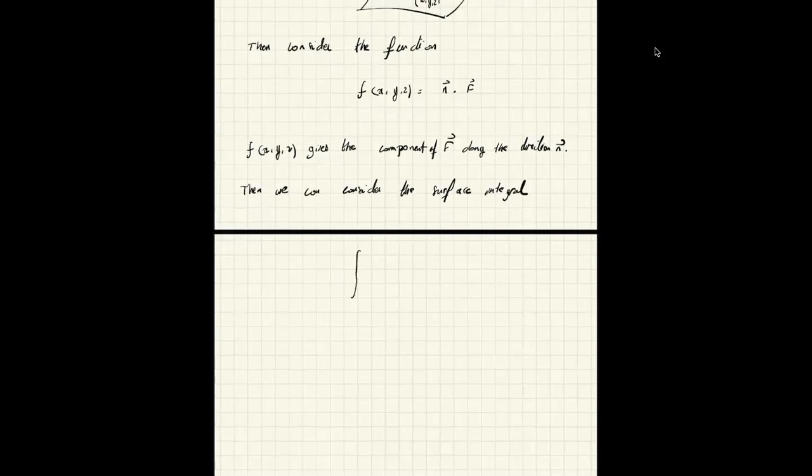It's the integral over the surface S of the function f ds. Now I can write this as the integral over S of f times n. By the way, remember that the scalar product does not care about the order, ds.